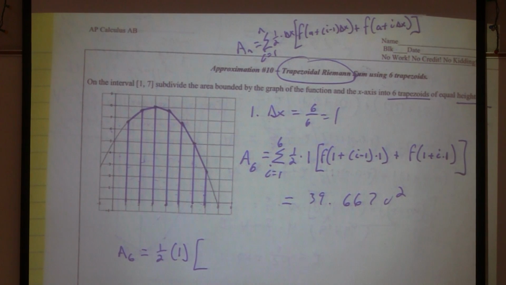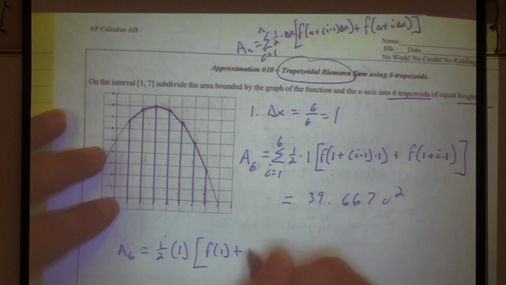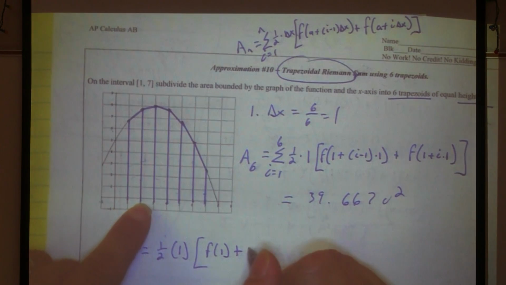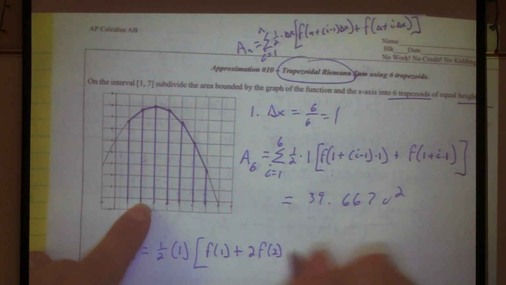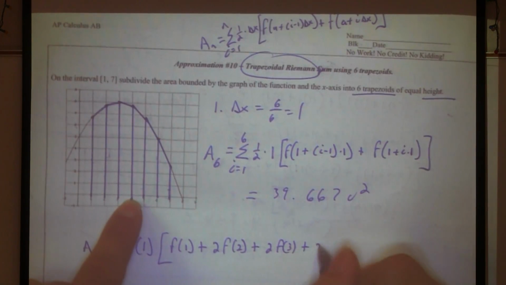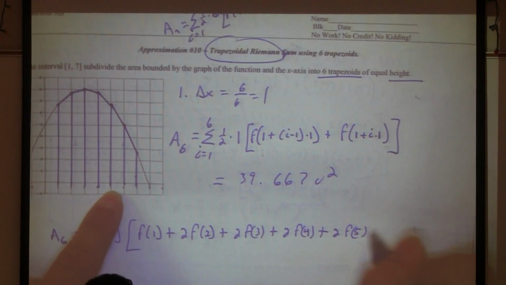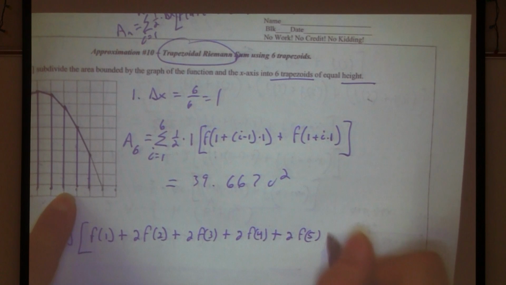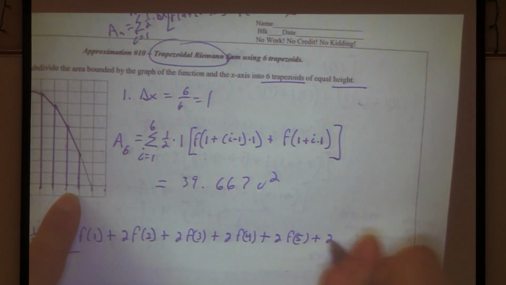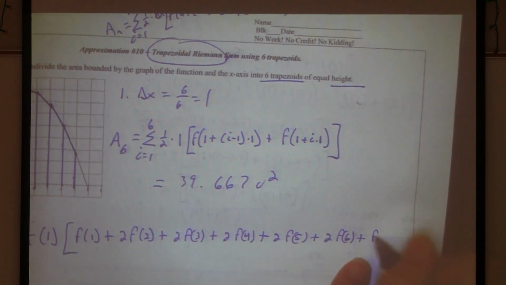So to figure out that base, it would be f of what? f of 1 plus, how many times are we going to use this guy? 2f of 2 plus, how many times? 2f of 3 plus, how many times? 2f of 4 plus, how many times? 2f of 5 plus, how many times? 2f of 6 plus, how many times are we using the last one? So just f of 7.